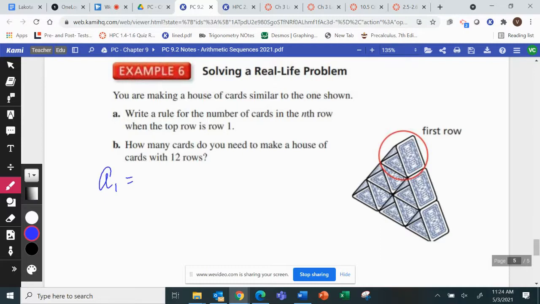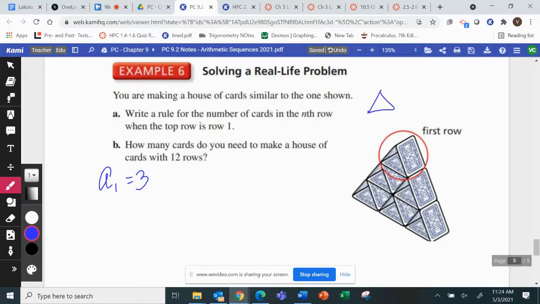That makes sense. I think it's including a lot of cards, but I don't know for sure because they didn't show it by itself. So I'm just double checking. This is an example that they did in the book. I'm just going to see if they used 3 as our first term. Yes, 3. Okay. So they're just using those first 3 cards for the first row.